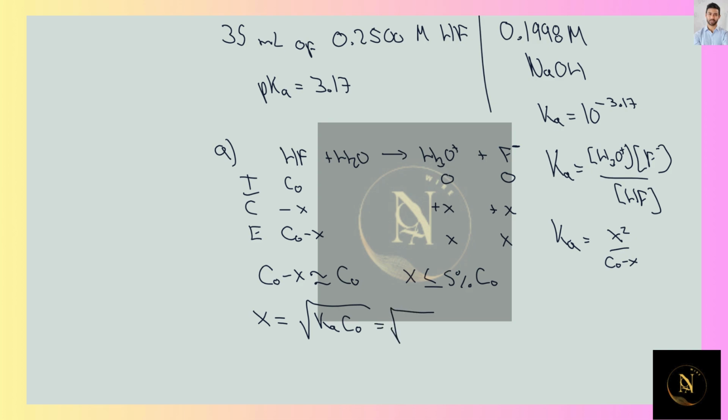Replacing the values, 10 to the minus 3.17 times 0.25 gives us 0.013, or without rounding, 0.0125.